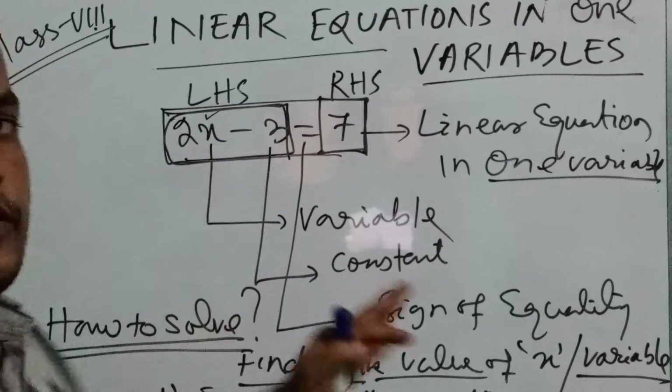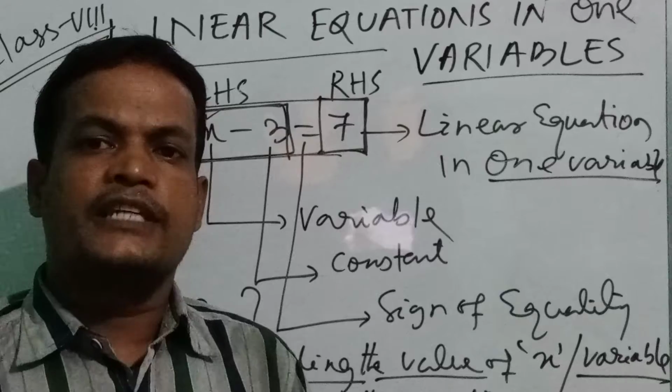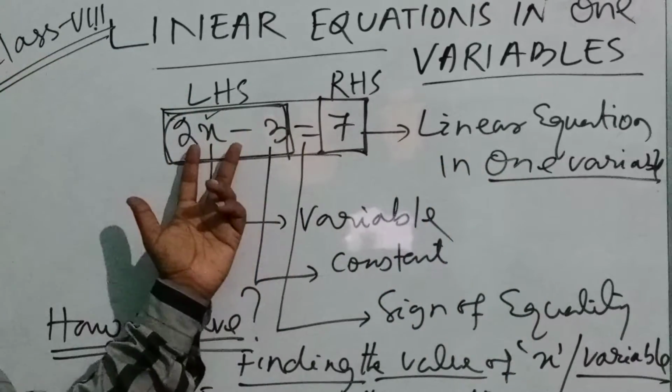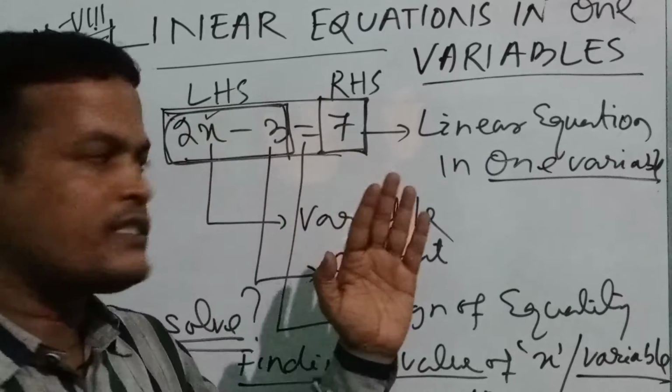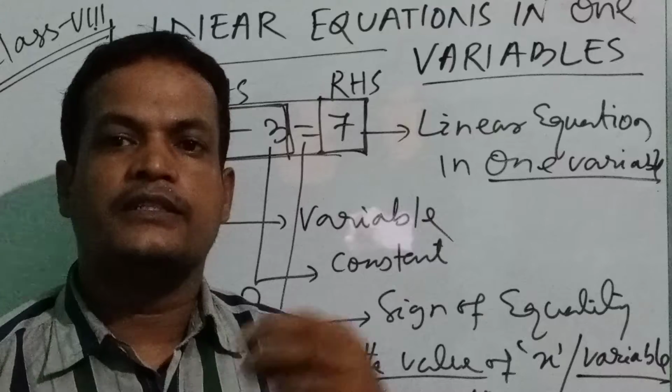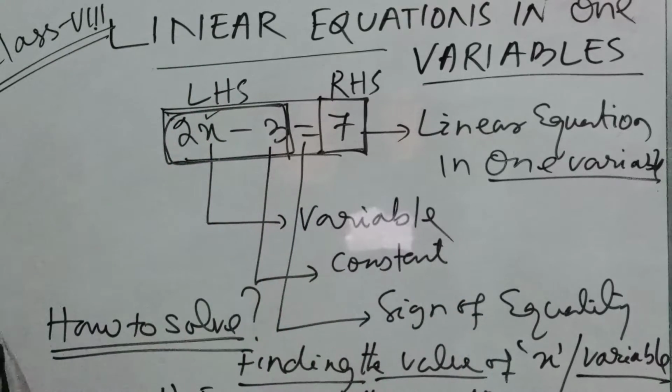Then put the same operations on both sides. Means whatever operation we are putting on the left hand side, the same operation is conducted on the right hand side, so that you will get the balanced value of these equations.